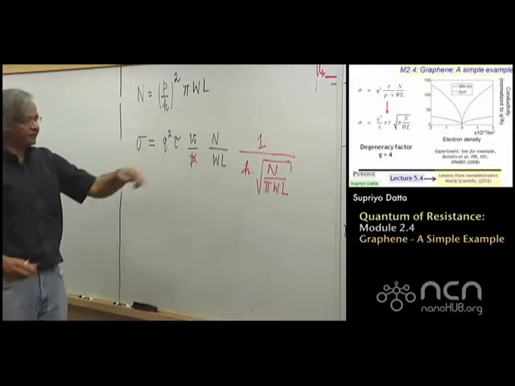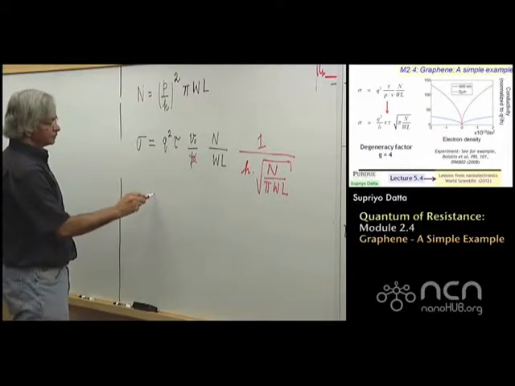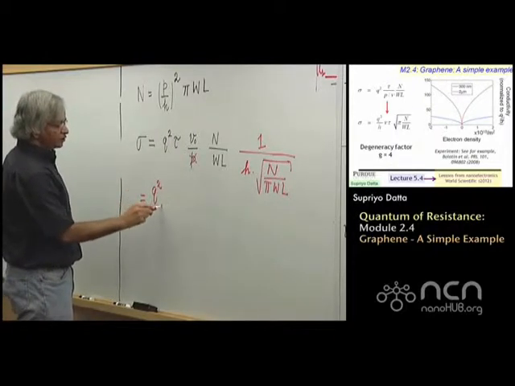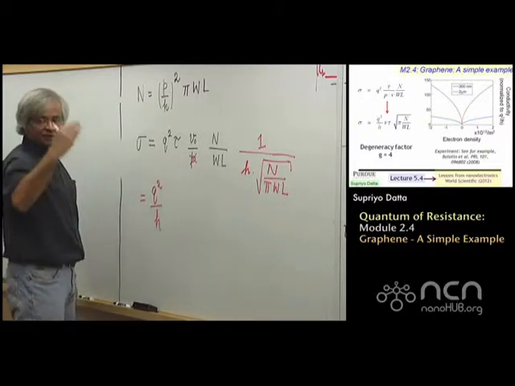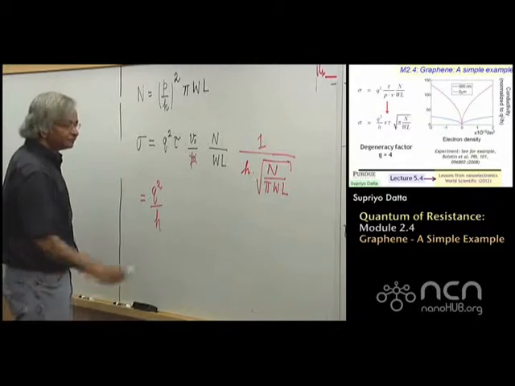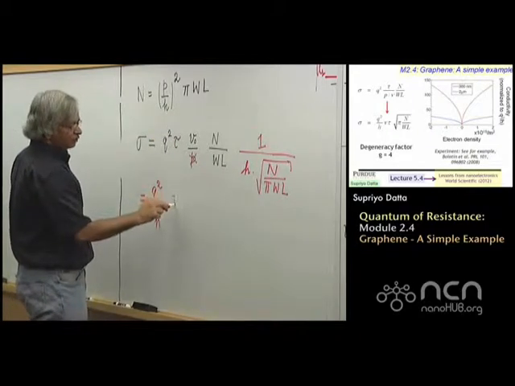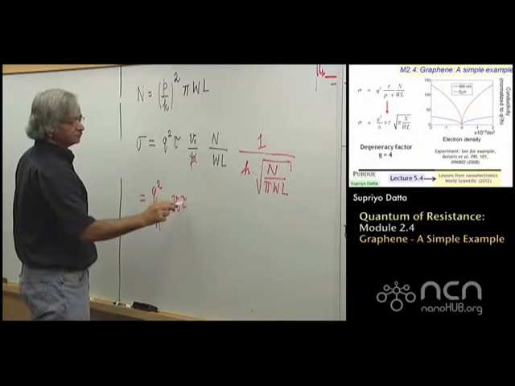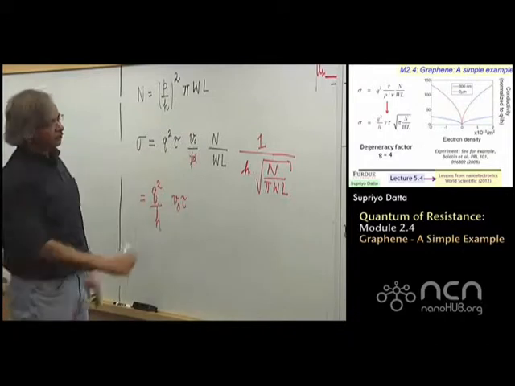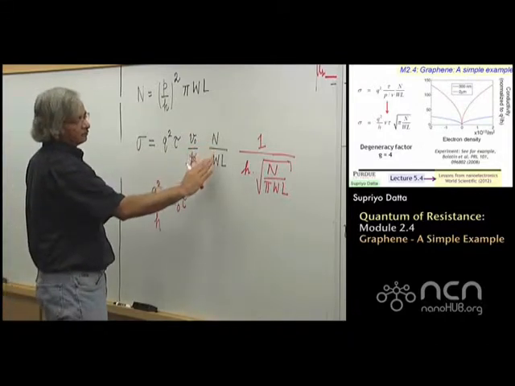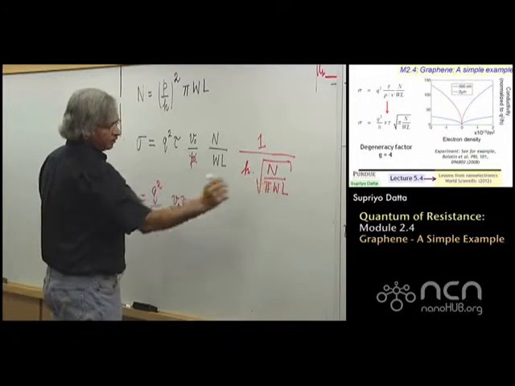Now if I simplify this a little bit, I think you'll get Q squared over H. That's the quantum of conductance, as you may recognize from week 1. Q squared over H, times this V0 tau. And you'll notice there is N, electrons per unit area, but then there's a square root of electrons per unit area.